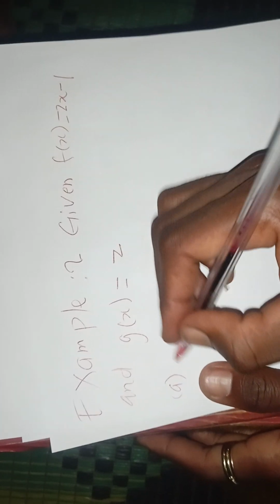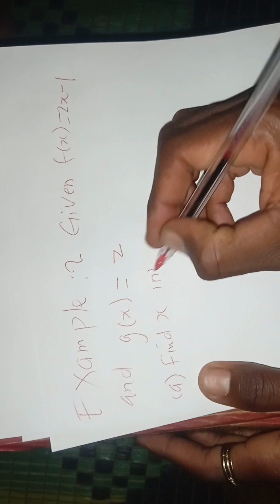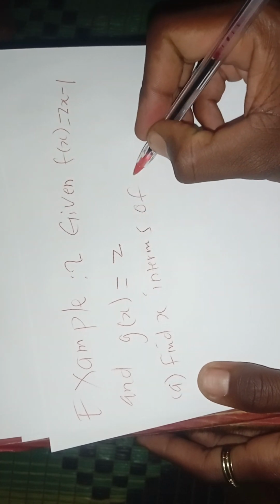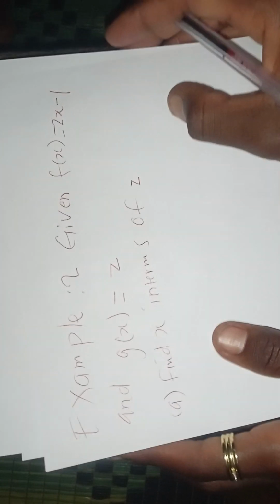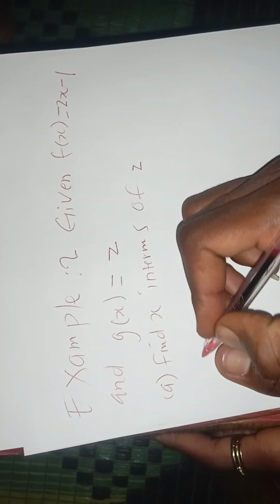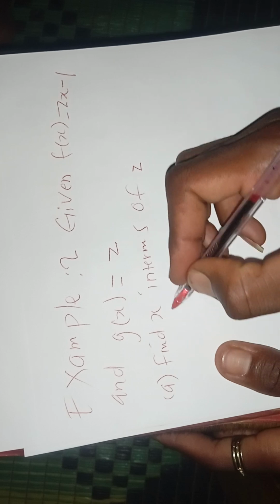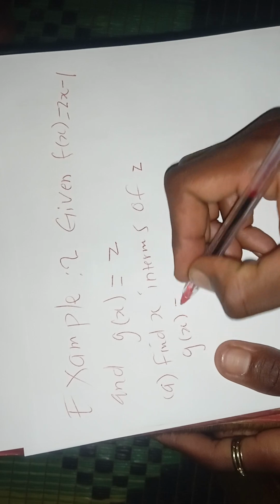Then letter A, find x in terms of z. So to find x in terms of z, that means we have to express x as the subject of the formula. So we take the function g of x is equal to z.